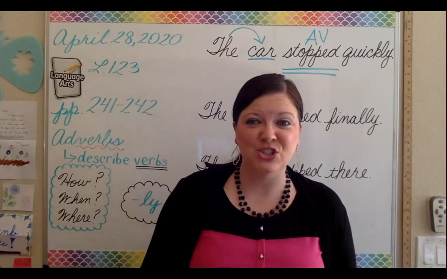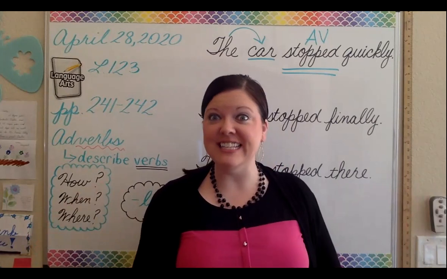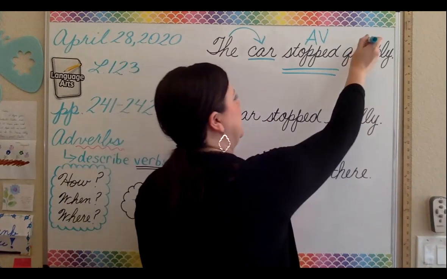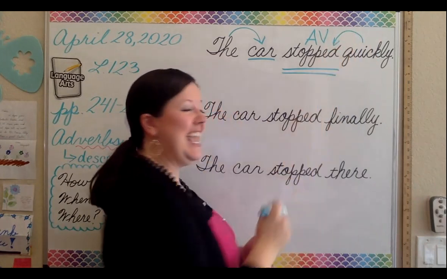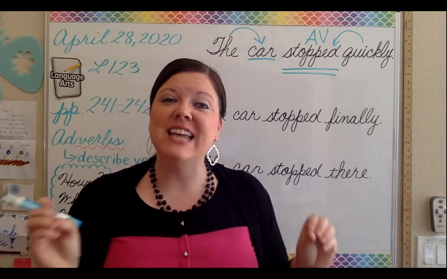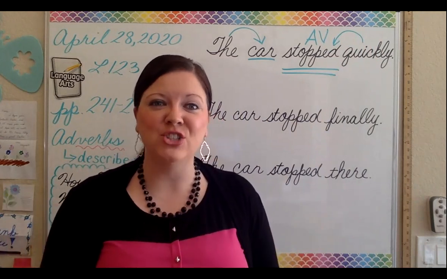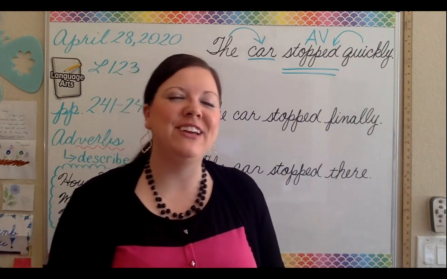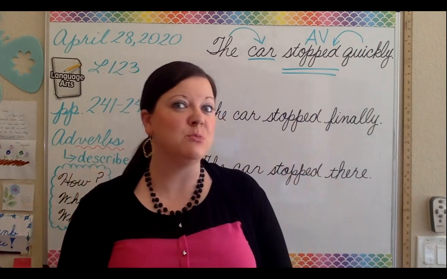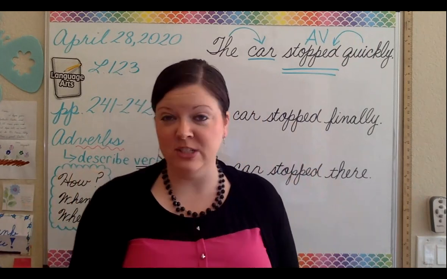The car stopped. How did it stop? Well, it stopped quickly. Quickly is an adverb telling us more information of just how that car stopped. It didn't stop very slowly. It quickly came to a stop. It gives us more information about the story or about our sentence.